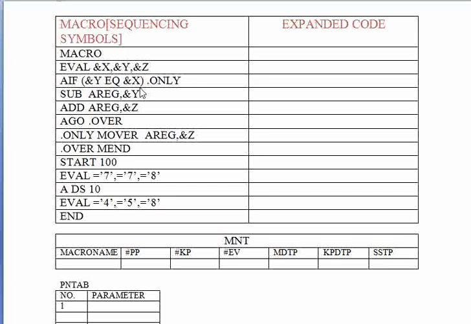Let us look at how the expansion for a macro containing a sequencing symbol takes place. First of all, we see the keyword MACRO. The first word following this keyword happens to be called EVAL. Since we recognize this to be the name of the macro, we write it over here.